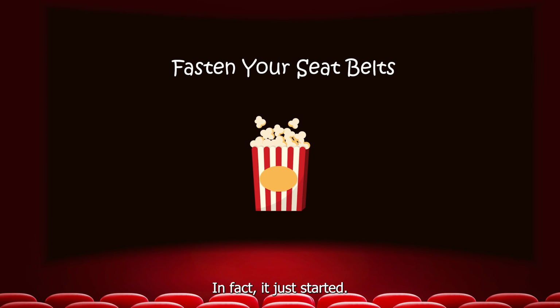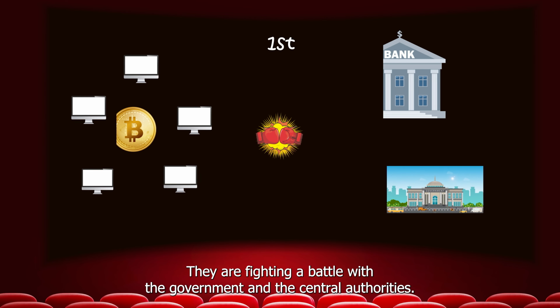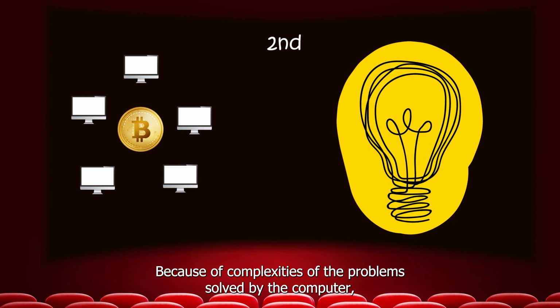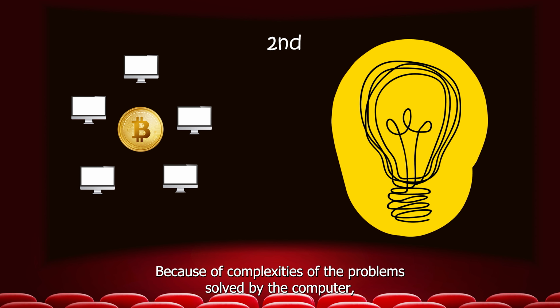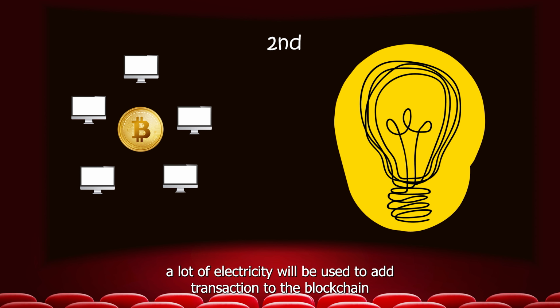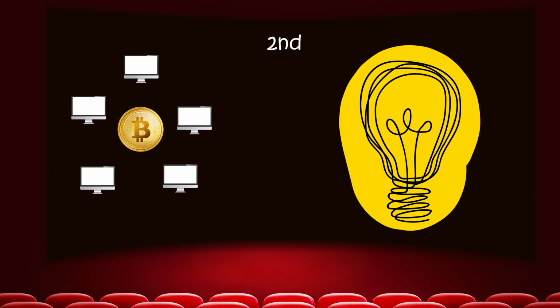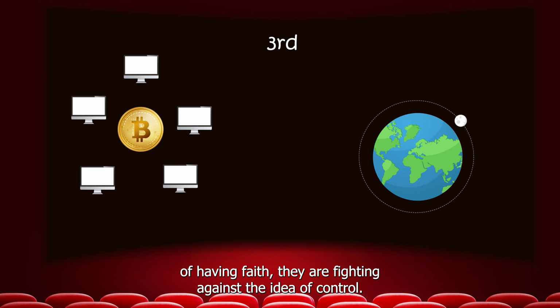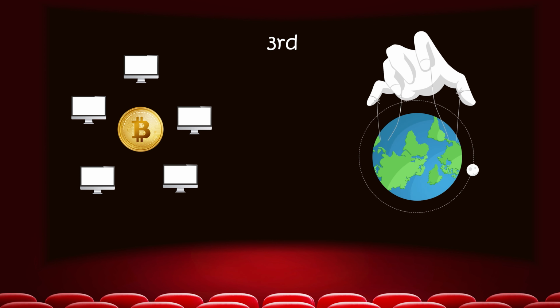The picture is not over. In fact, it just started. They are fighting a battle with the government and the central authorities. Because of the complexity of the problems solved by the computer, a lot of electricity will be used to add transactions to the blockchain. And most importantly, even though a product is worthy of having faith, they are fighting against the idea of control.